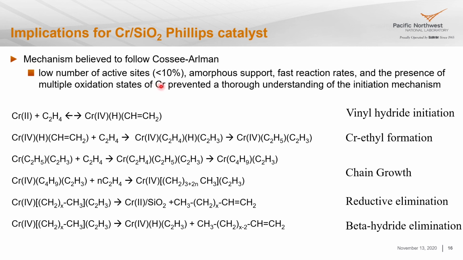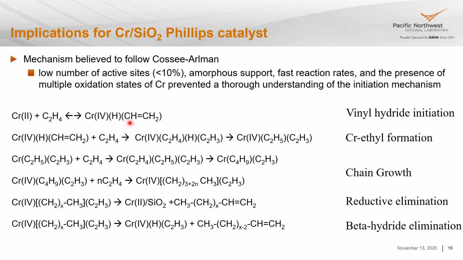In the absence of hydrogen, where do we get this hydride species? Applying what we have discovered for our own system, we have proposed this scheme for which chromium is catalyzing ethylene dimerization. Similar to what we showed before, ethylene can interact with the metal site to form the vinyl hydride species.